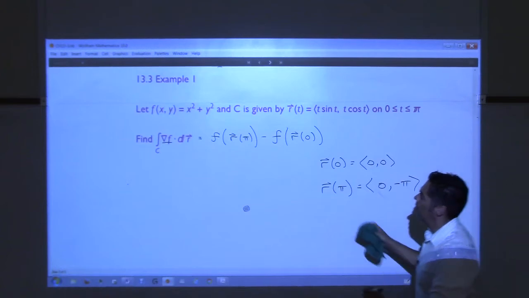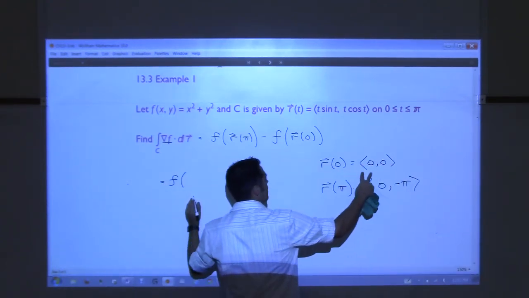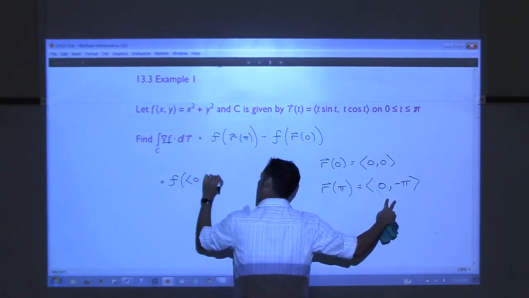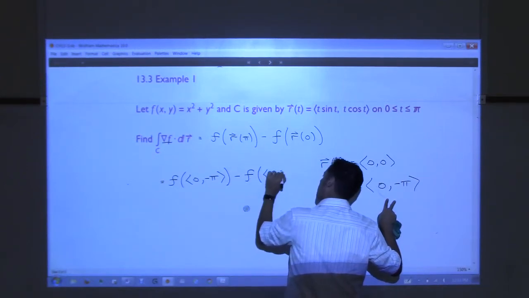But that just means you take f and evaluate it at r of pi, which was the vector 0, negative pi, and then subtract f evaluated at the vector 0, 0.